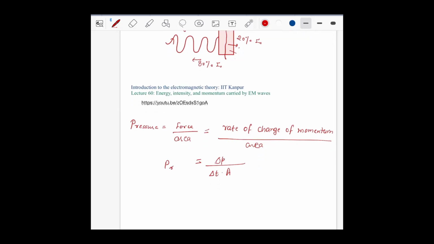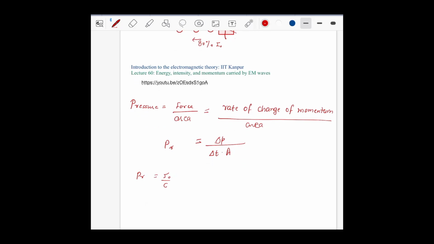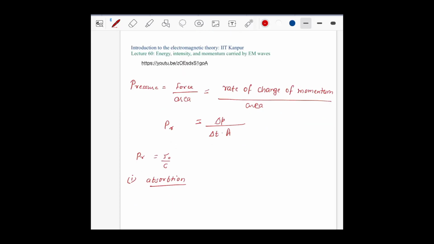And in case of electromagnetic wave, this quantity is given by I naught by C for the case when there is a perfect absorption. In this case, there is an incident light, it is falling on a surface and it is completely absorbed.